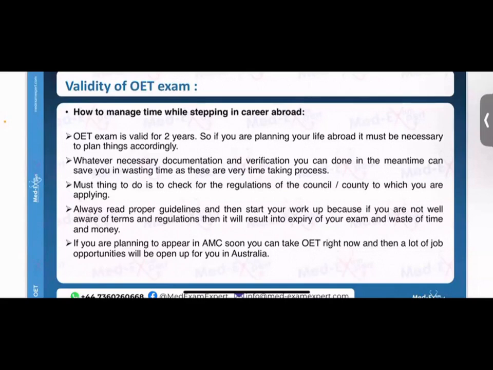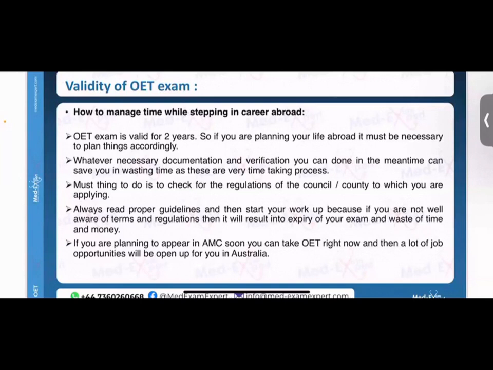For whichever country you are applying, check the rules and regulations of the medical council and the country, and what else is required of you. Always read the guidelines properly and then start your work, because if you are not well aware of the terms and regulations, it will result in expiry of your exam and waste of time and money, basically.